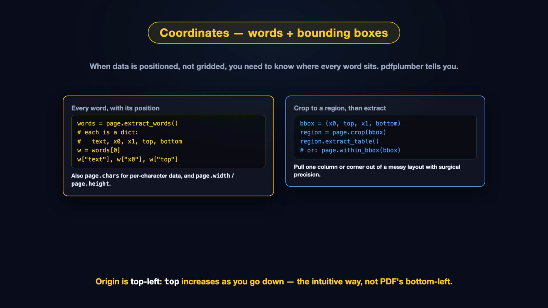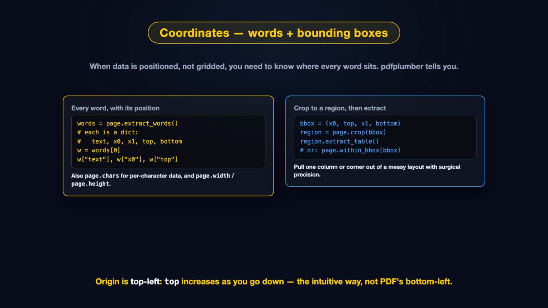Here is the one thing that trips people up about coordinates: pdfplumber measures from the top left of the page, with the top value increasing as you move down. That is the opposite of PDF's native bottom left origin, and it is much more intuitive. You also get page.width and page.height to know the size of the page, and page.chars for per character data if you need to go even finer than words.